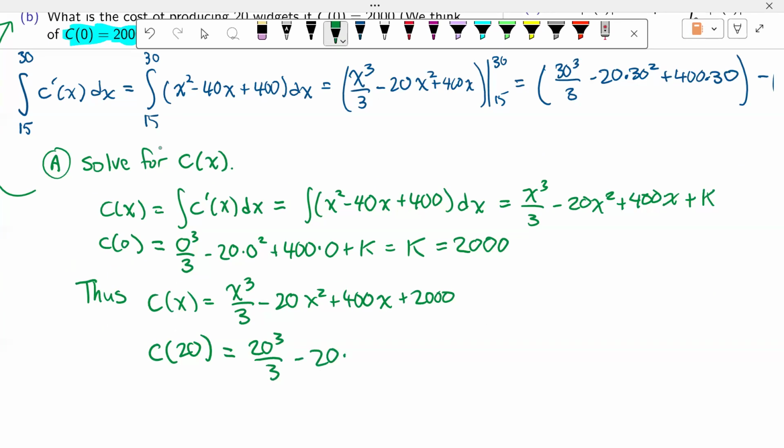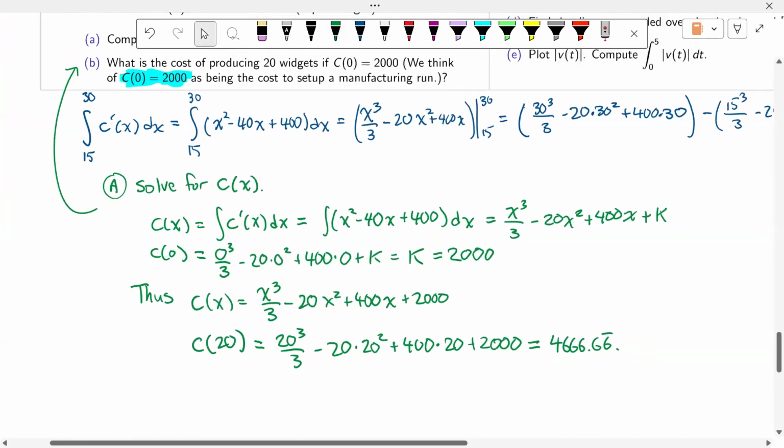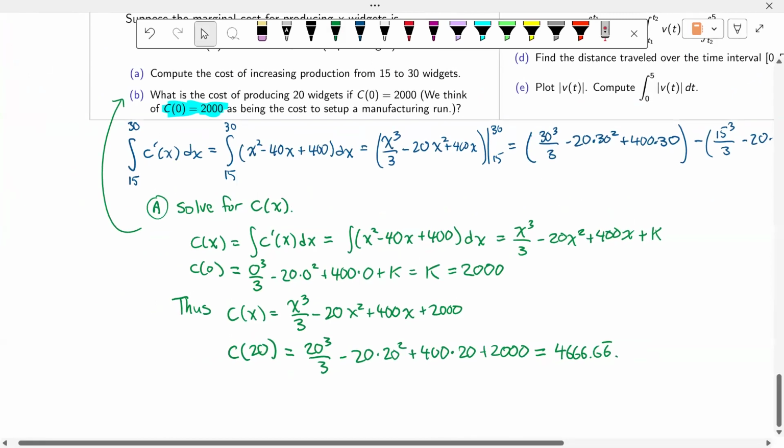I mention this because there are times when you can solve a problem easily using an indefinite integral, and other times where it's a little bit easier to solve it using a definite integral, but both can give the correct answer. And that's what you should get. Cost is $4,666.67 if you round. Obviously, these are some pretty nice widgets as far as widgets go.